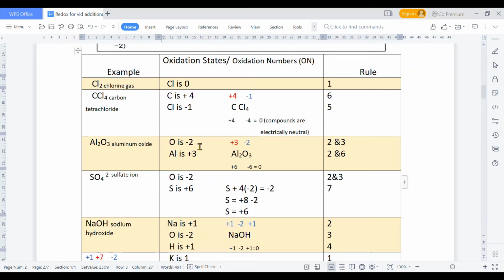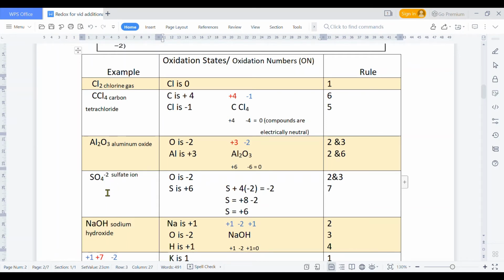Now, remember that it is electrically neutral. Rule number 6. So, we have oxygen or oxide -2 times 3 is equal to -6. Aluminum here is 2, so to make it positive 6, we will assign aluminum with +3. +3 times 2 is +6. +6 plus -6 is equal to 0.